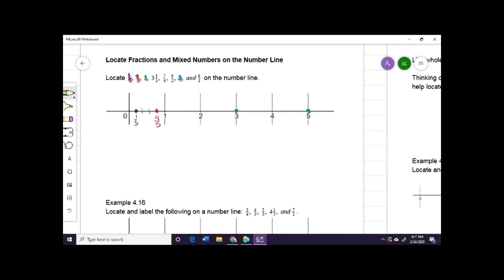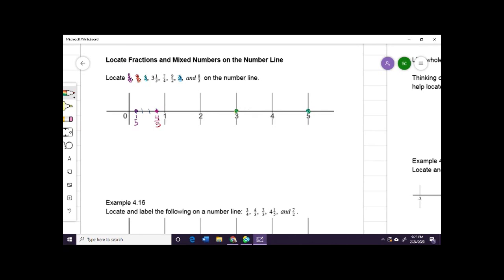Let's move on to 3 1/3. If I have 3 1/3, that means it's larger than 3, right? I have 3, 1, 2, 3, and then another third. So what I want to do is roughly divide the space between 3 and 4 into 3 sections.